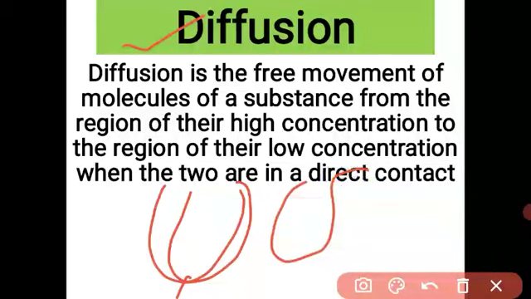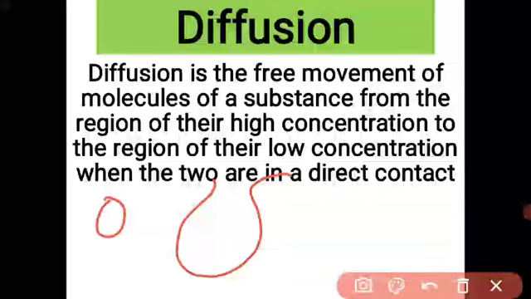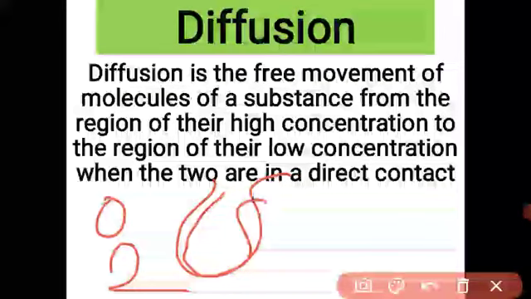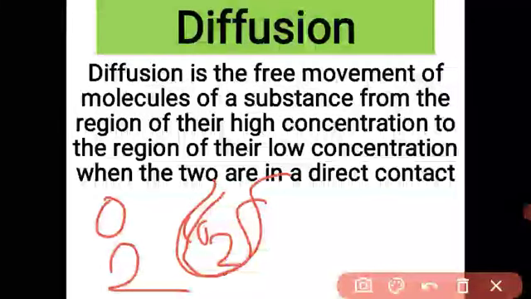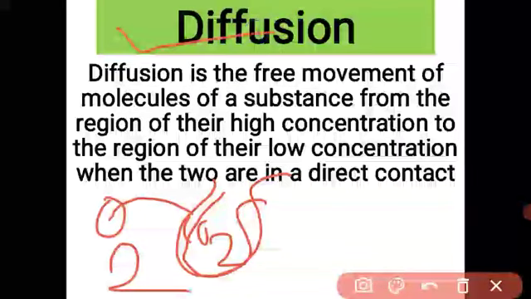Diffusion happens through the alveoli, which are made of a single layer of squamous epithelial cells. The oxygen concentration is high in the lungs as compared to the blood, where there is a high concentration of carbon dioxide. Oxygen moves from high concentration to low concentration by diffusion.